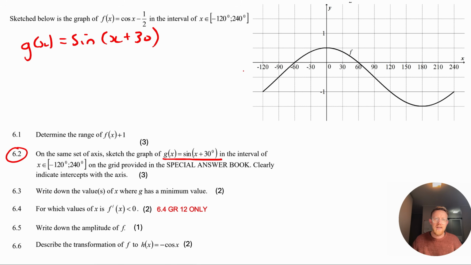Now go plug in the equation. So just type in sin(x plus 30). To get x, you typically have to press the alpha button and then look for the x on your calculator, plus 30. Now for g of x, just skip that one. For the starting position, they want us to start at minus 120. And then for the ending position, do 240.